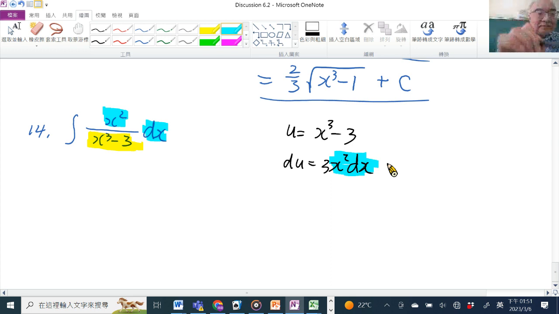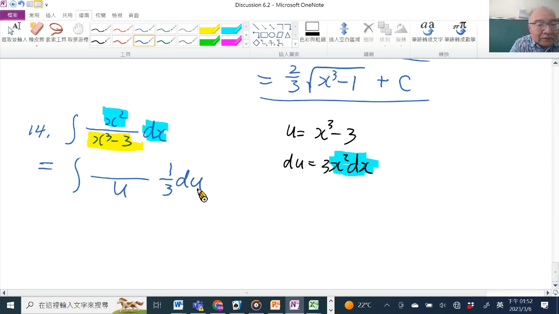And that means we need to do the rewrite. First bring the denominator replaced by u, and the numerator part becomes 1/3 of du. Since we do not have anything in the numerator of the original term, that means 1 is there.